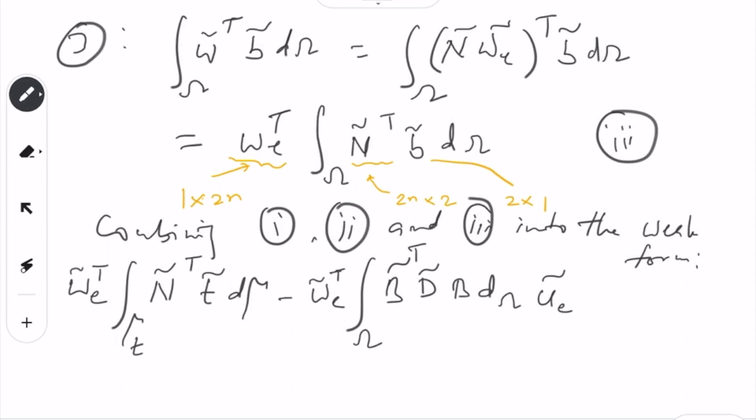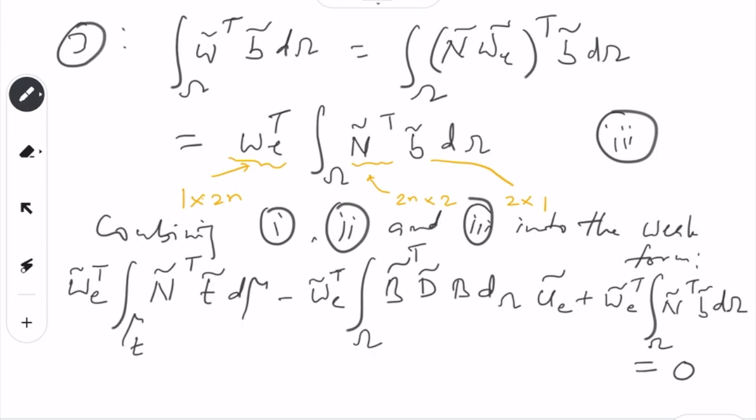Okay, and then plus W tilde transpose, and then N tilde transpose b tilde d omega is equal to 0.